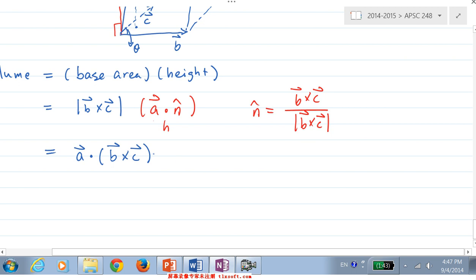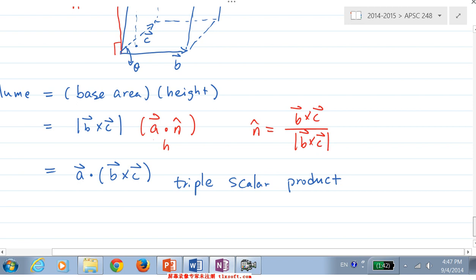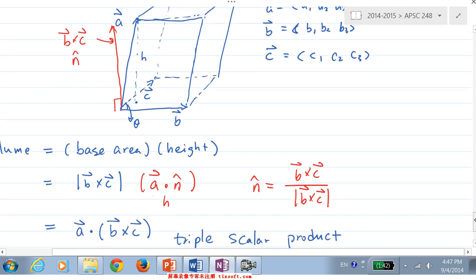Now, in this case there's another name. Sometimes we call this a triple scalar product. As a matter of fact, if you look at it carefully, you're calculating the volume as the base area times this height.